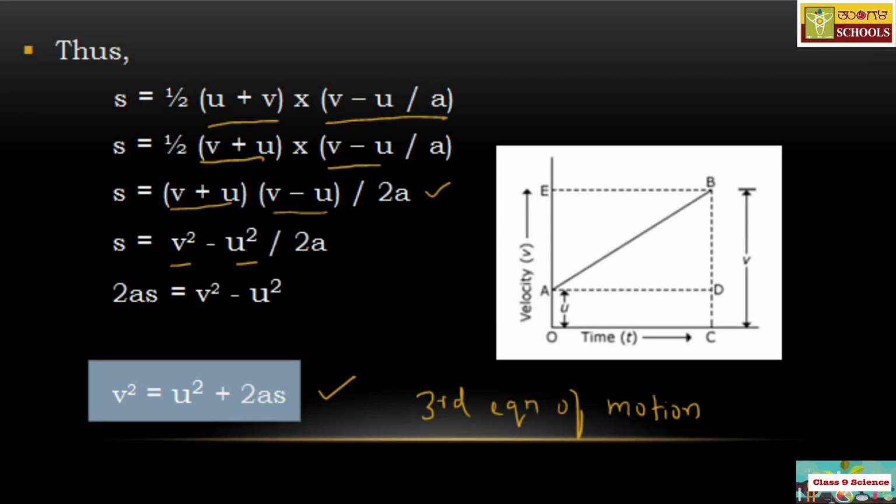So my suggestion is to first go through all the things related to graphical representation of motion, learn those, and later attempt all these. I hope you got all the points which I discussed in this part.